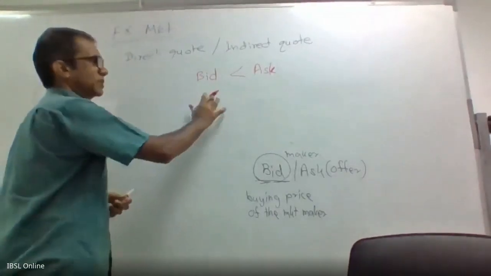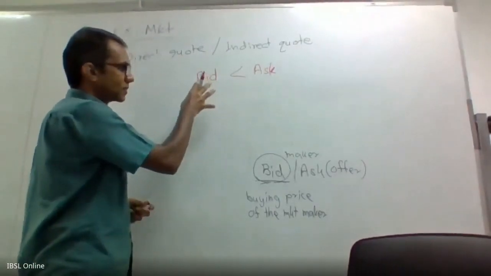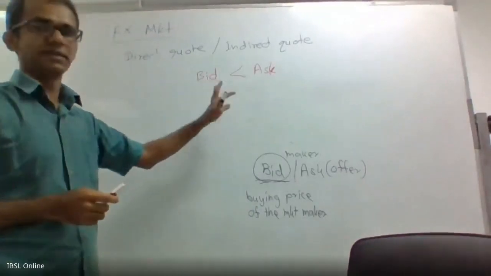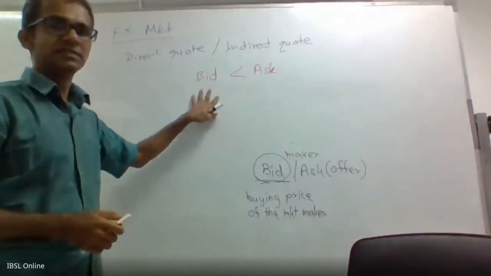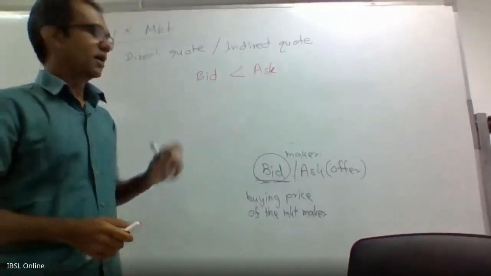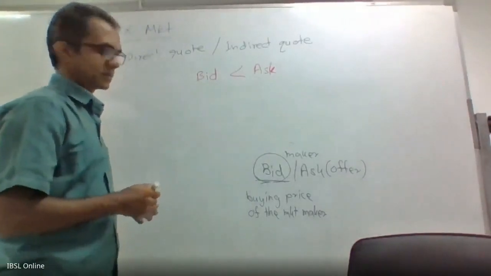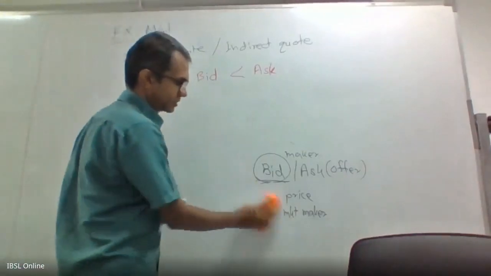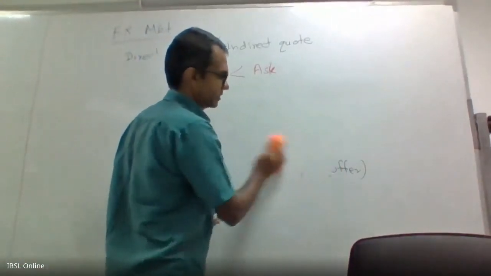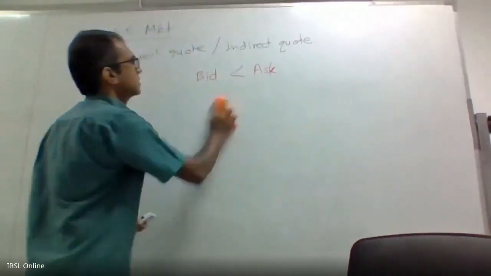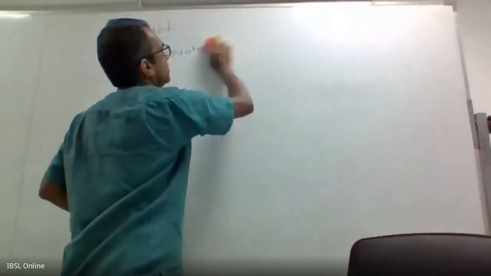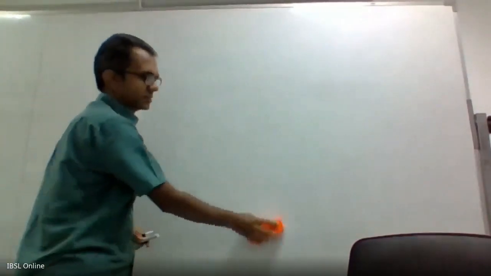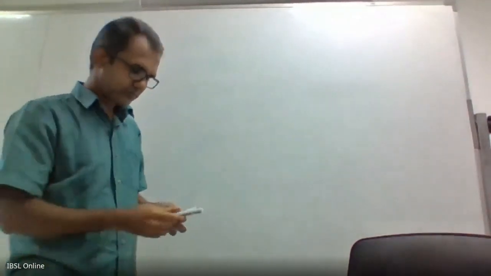So therefore, in the two-way quotes, most of the time, there are exceptions where you can see it's the other way around, but generally bid is lower than the ask. So this is what we discussed last week. Now we'll move into the topics that we have to discuss today.